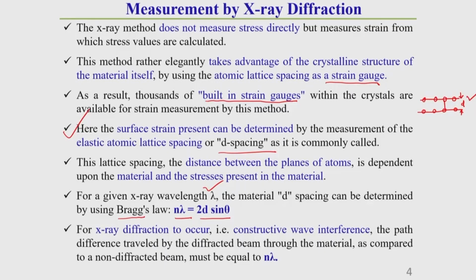One thing you should keep in mind: for X-ray diffraction to occur, constructive wave interference is required. This interference can be categorized into two categories, one called constructive and another called destructive interference.